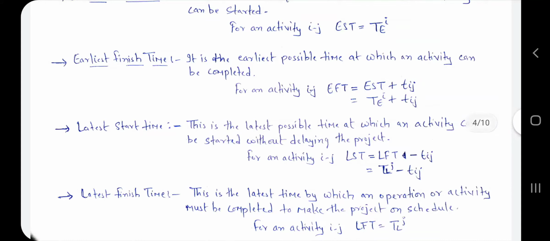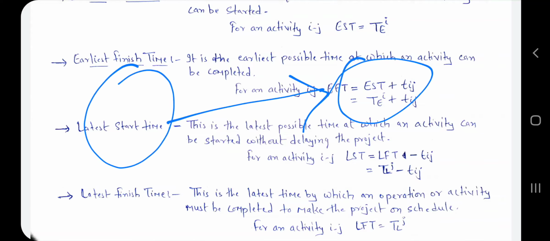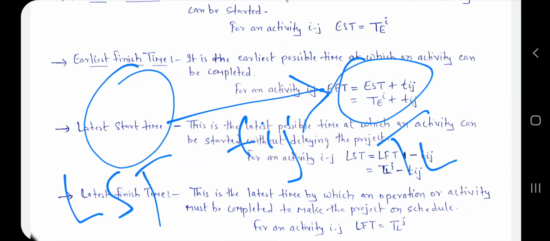Now the third one, latest start time. Latest start time is the latest possible time at which an activity can be started without delaying the project. You know that here we have the TL value, here we have the Tij value, and here is the latest start time value.